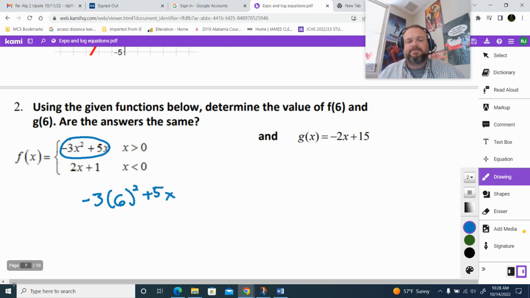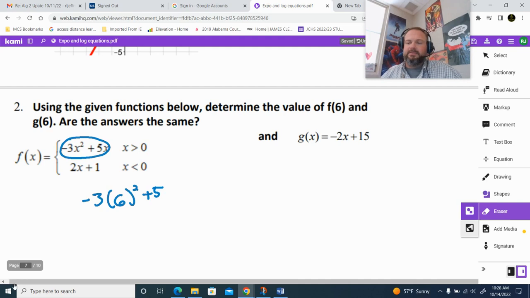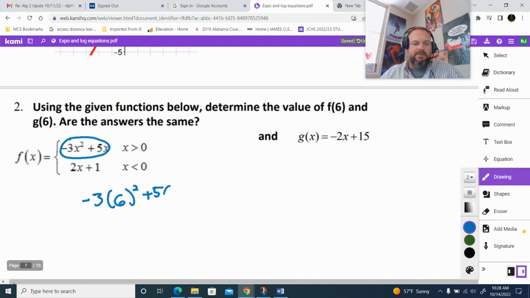Okay, so we plug this in. Well, I shouldn't have an x right there. I should have a 6. Well, I know that's going to be 36. This is -3 times 36. Okay. All right, if I plug that into the calculator, I get -78.